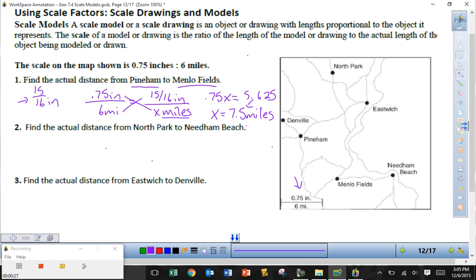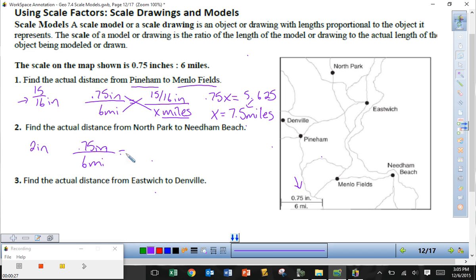Okay, so let's go do that same thing for the next one. We'll find the distance on our map here from North Park to Needham Beach in inches. This one turned out to be nicer for us. It was 2 inches. Okay, let's set a proportion just like last time. 0.75 inches is still proportional to that 6 miles.